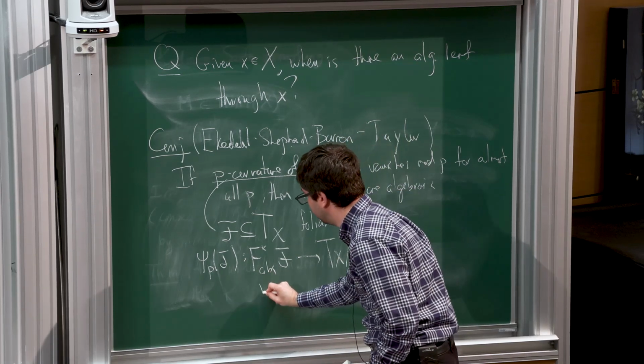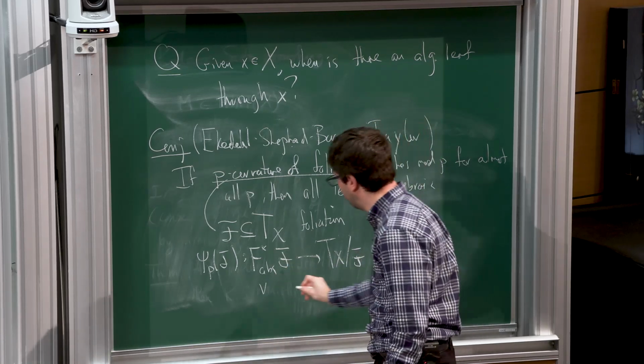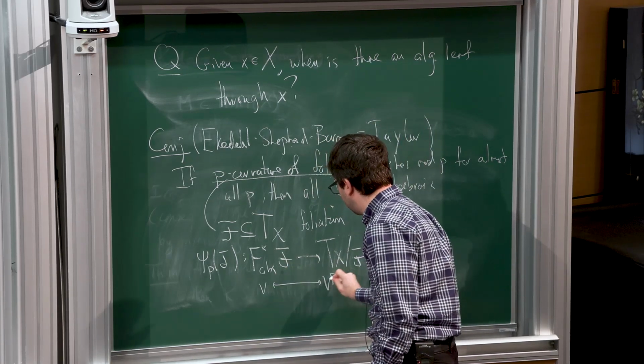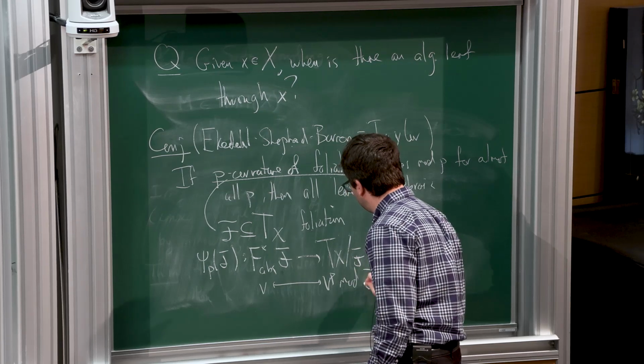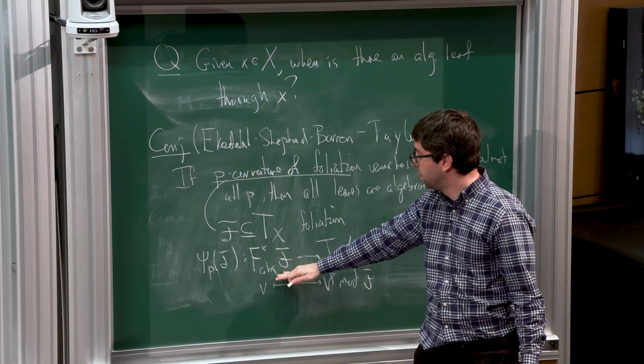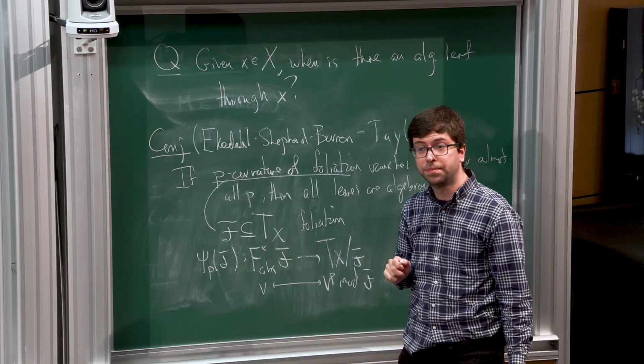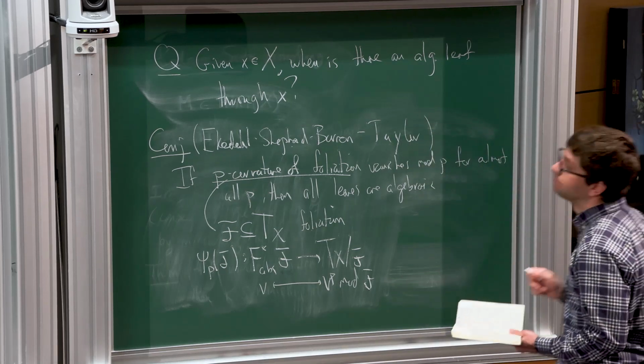Well, you send a vector field v tangent to the foliation, so a section of F, to its pth power mod F. OK, so the vanishing of this map measures whether F is preserved by this operation of taking pth powers of vector fields. OK.